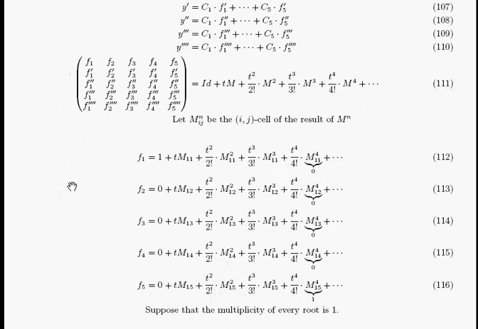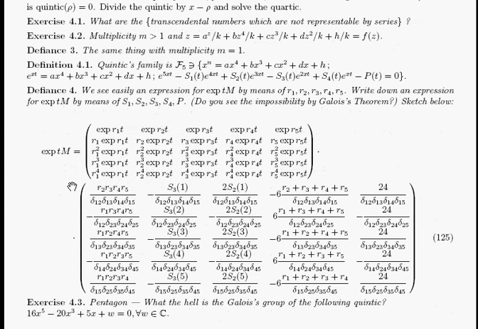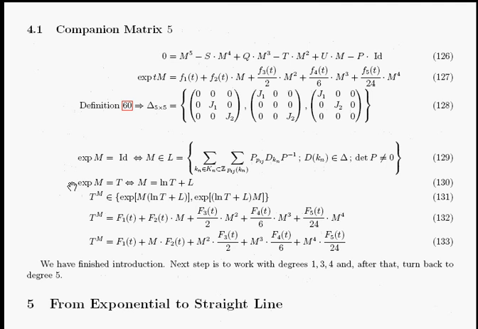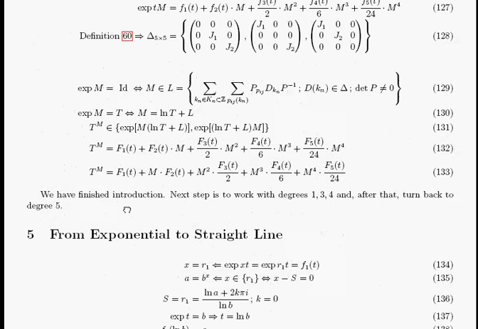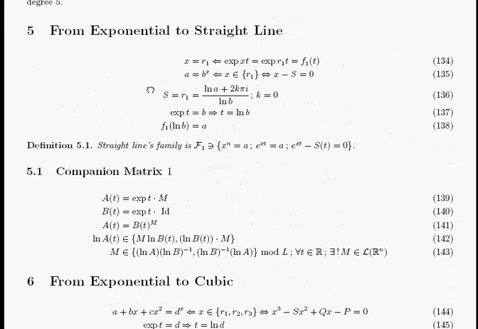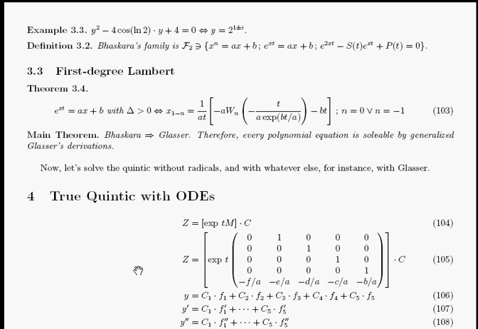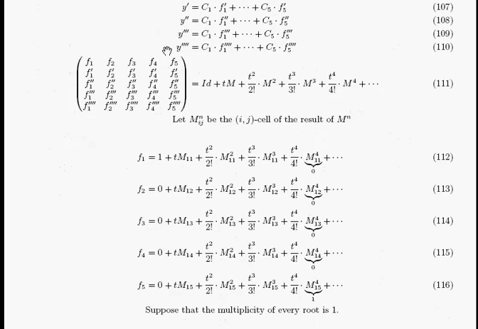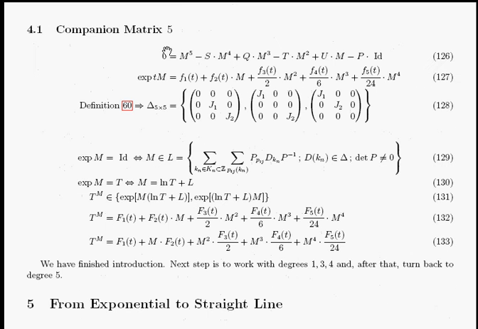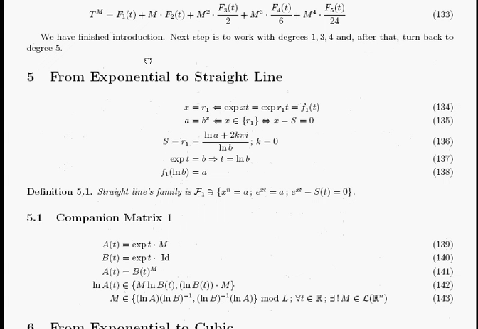Let me see if it remains a straight line. Okay. Descending to n equals 1. Again, n equals 1. Our method says that x equals r1. We go to the exponential of xt, exponential of r1 t, function 1 of t for all t.